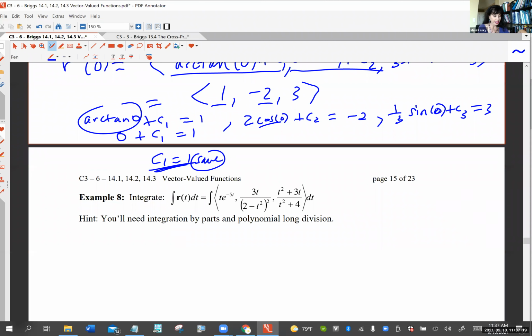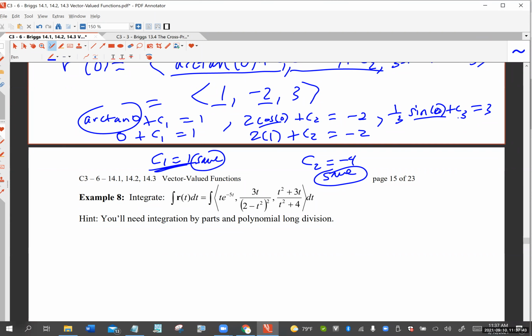Anybody remember what that guy is? 1. Okay, so here, if I'm solving for C2, how about if I subtract 2 from both sides, I get C2 equals -4. Save that for later. And how about sine of 0? Should be 0. Yep. And that means C3 is just 3.